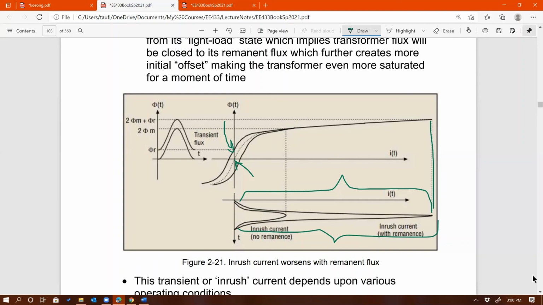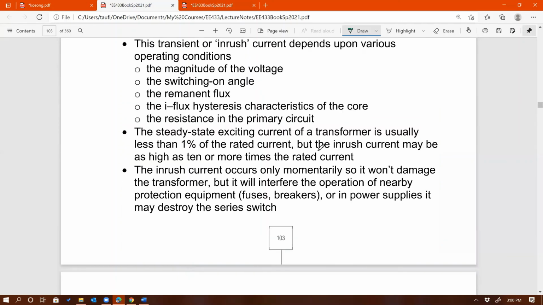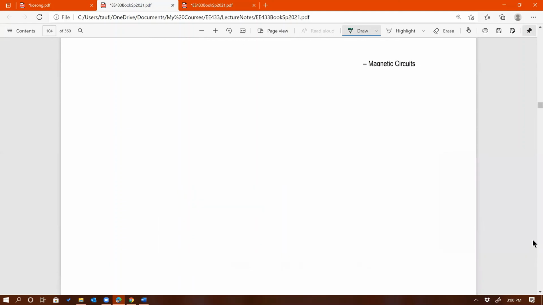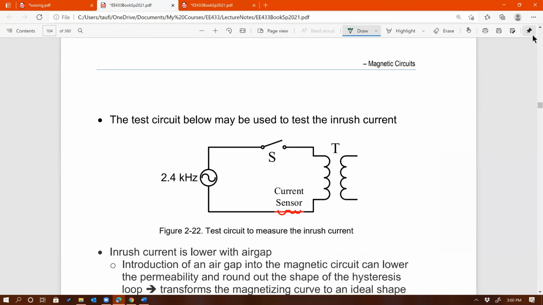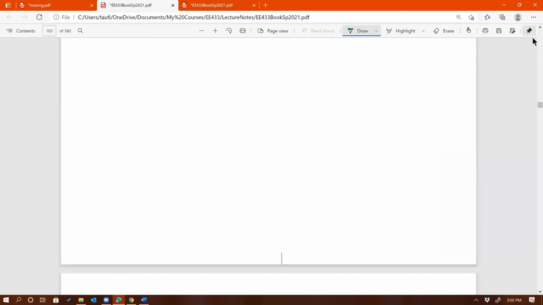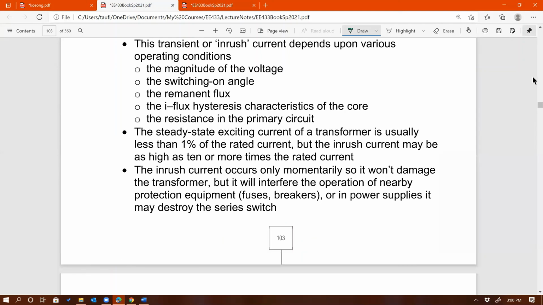Okay, so how do you reduce the inrush current? And then we can adjourn after this. Introduce the air gap, because an air gap will be able to reduce that amount of current. And of course, the larger the air gap, the lower the inrush current. So that's where I want to end this today.